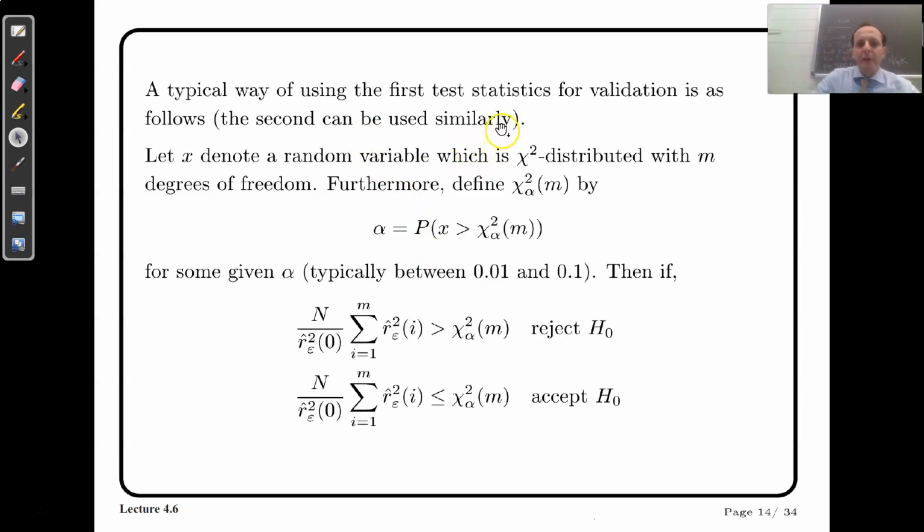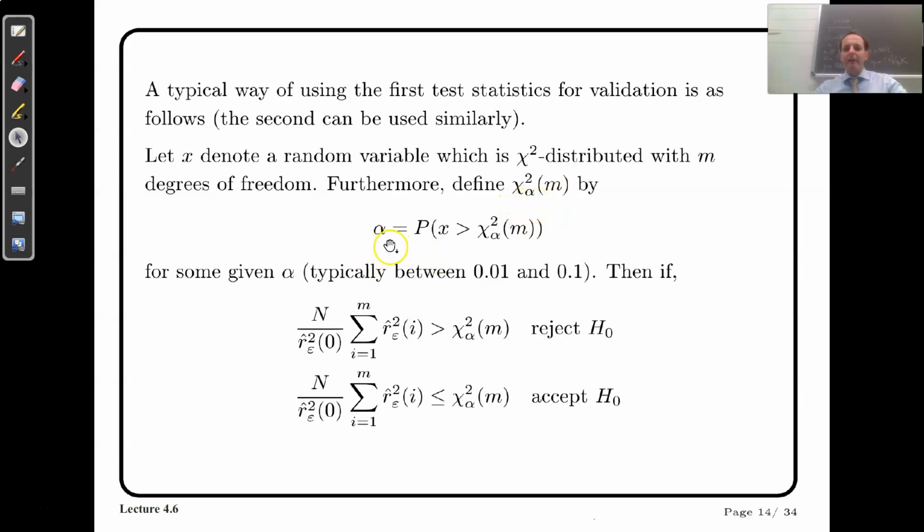So a typical way of using this first test statistic for the validation can be conducted as follows. If x denotes a random variable which is chi-square distributed with m degrees of freedom, we can define the chi-square distribution for m degrees of freedom and a level alpha.